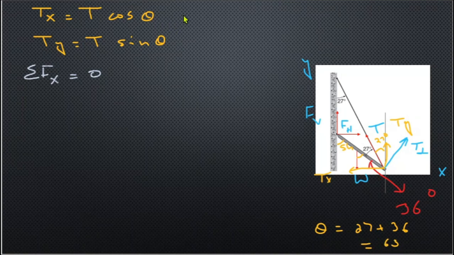Upon substituting the value of tension and angle theta in these two relations, the value of Tx would be 47 times cos of 63 degrees, and the value of Ty would be 47 times sine of 63 degrees.